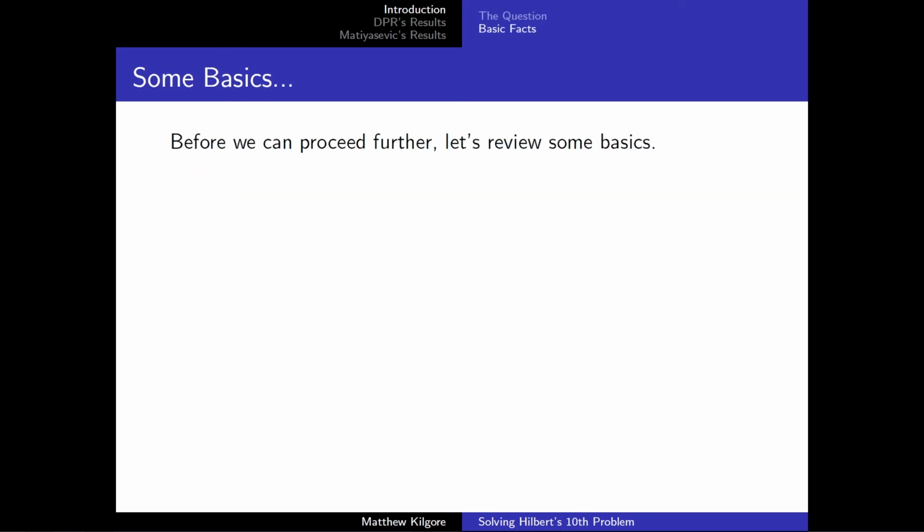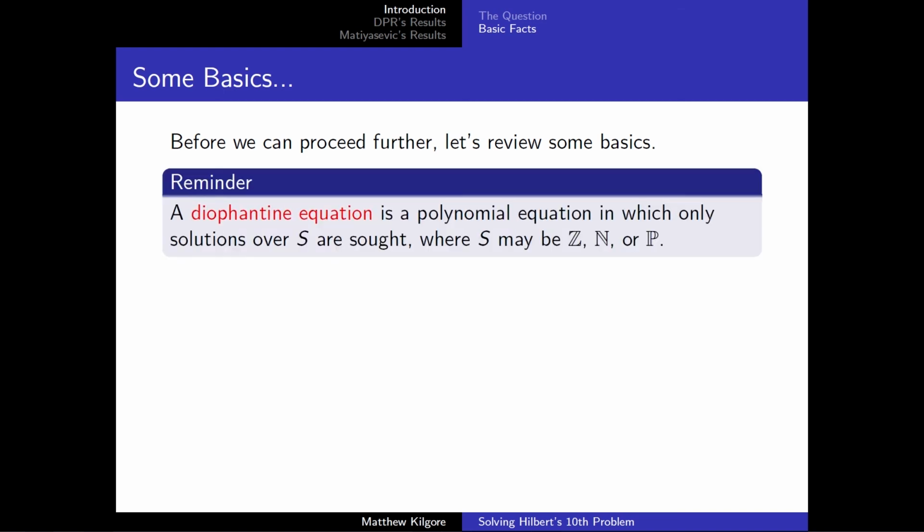Before we continue on, let's make sure we're all on the same page. As I'm sure we all know, a Diophantine equation is a polynomial equation in which only solutions over S are sought, where S may be the integers, the naturals, or the positives.